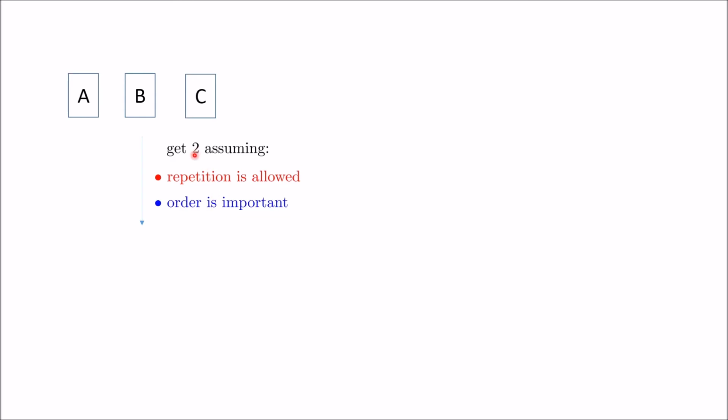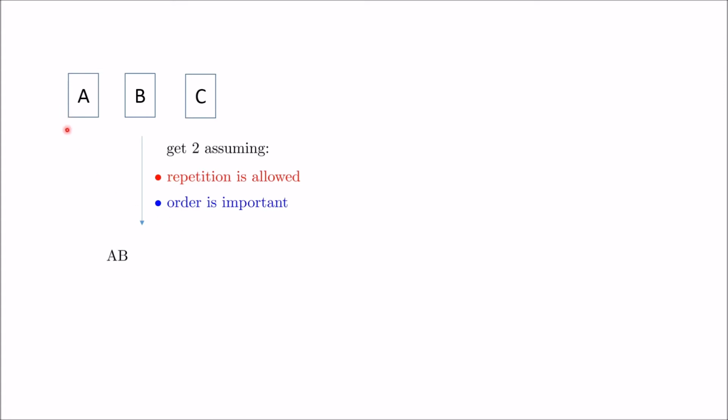Okay, so we're looking at making choices under these 2 assumptions. So we've got 3 unique objects in front of you, and I'm asking you to get 2 of them out, under the assumption that repetition is allowed and order is important.